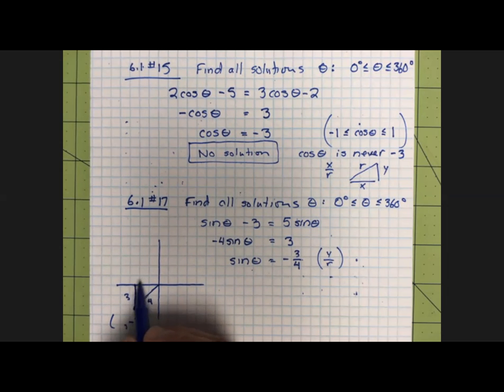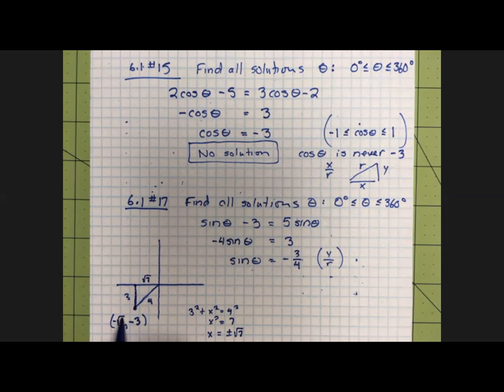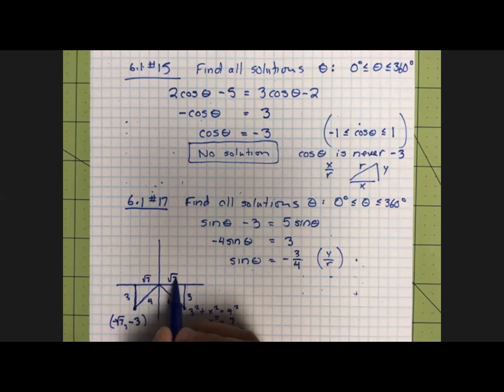Let's fill in this other side here. 3 squared plus x squared equals 4 squared. X squared, 9 and 16. 16 minus 9 is 7. X is plus or minus √7. So this could be √7 right here. And in this quadrant, I would say minus √7. But also admit that you could have had the mirror image over here. 3, 4, and √7.